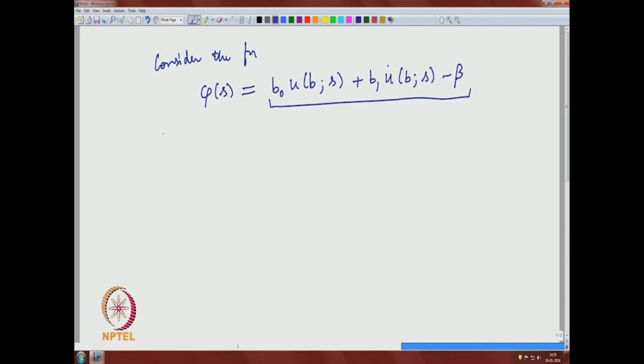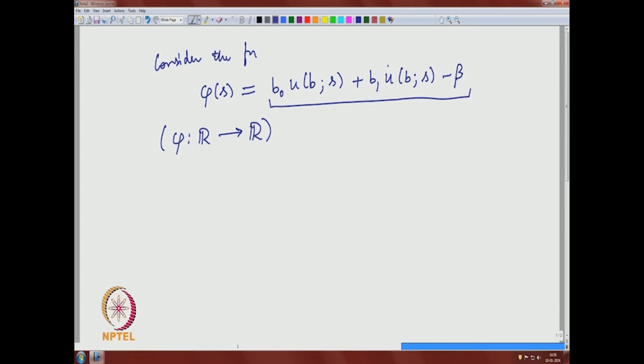So, this is just a function from R to R. For every S I will have a solution to the initial value problem, and once I obtain that solution, I compute this thing and call it phi of S.